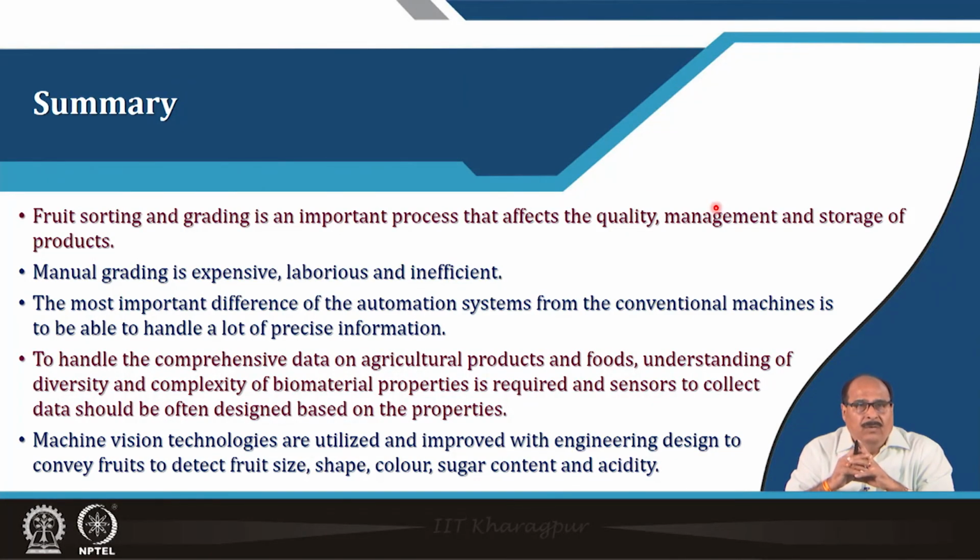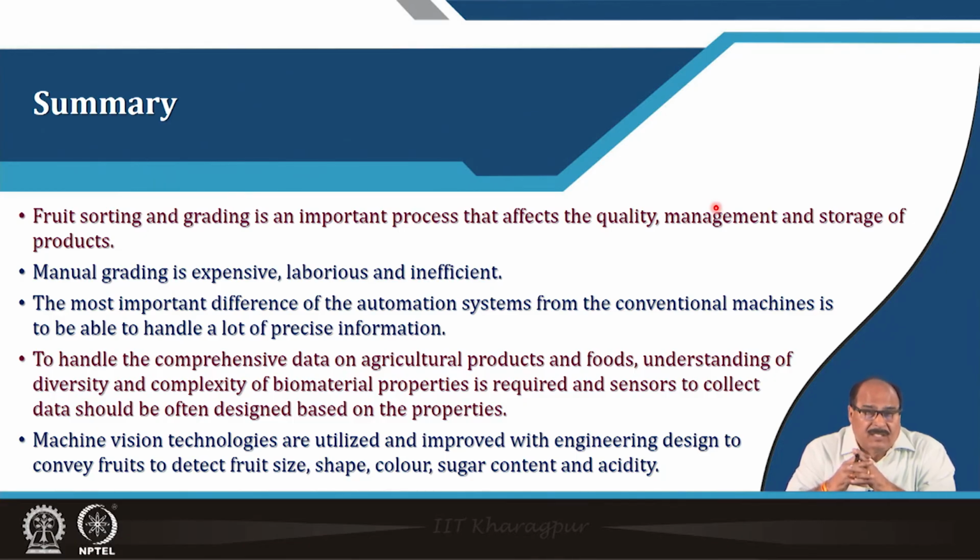Now, I will summarize this lecture by saying that sorting and grading are an important process that affects the quality, management and storage of the products. Manual grading is expensive, laborious and inefficient, and therefore, automated grading systems should be used. The most important difference of the automation system from the conventional machines is to be able to handle a lot of precise information.